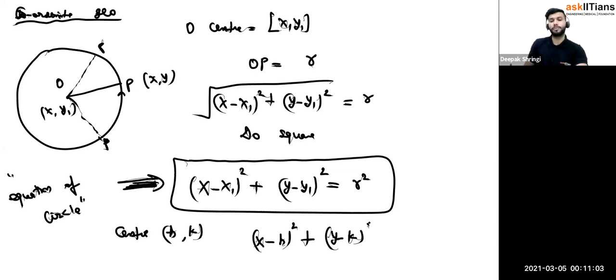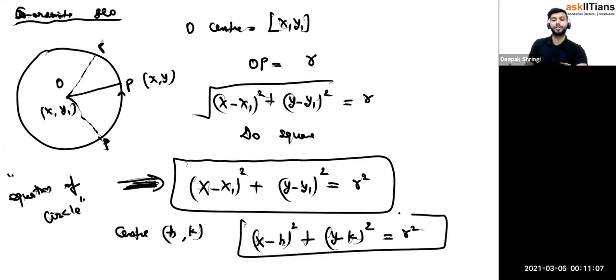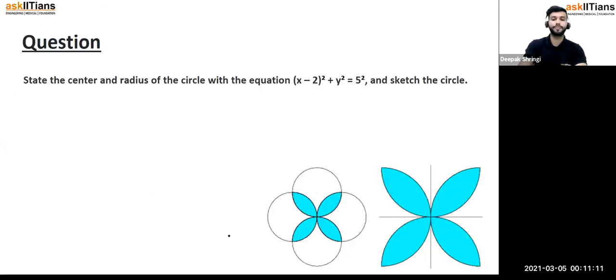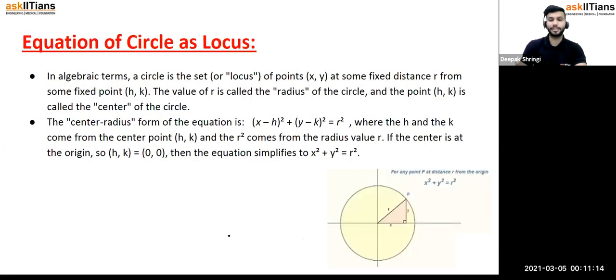The equation becomes x minus h whole square plus y minus k whole square equals R square, because you are considering the center to be h comma k.